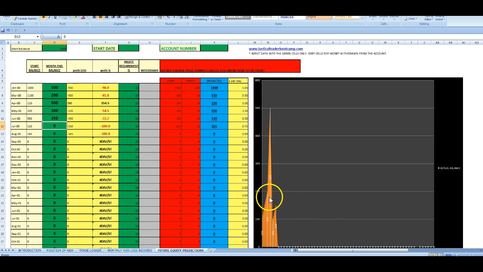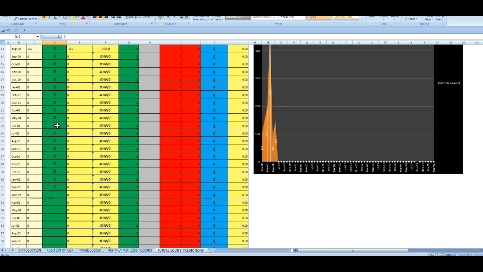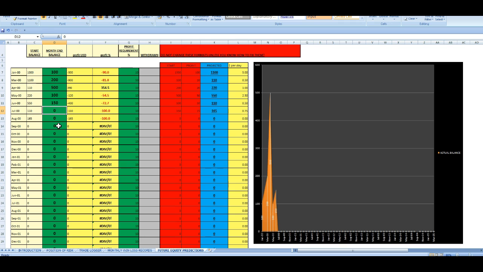Okay, you don't want sharp rugged edges like that. You don't want it to be volatile. You need a nice easy exponential curve on there, and you'll only be able to see that if you record your trading activity consistently at the end of every month.